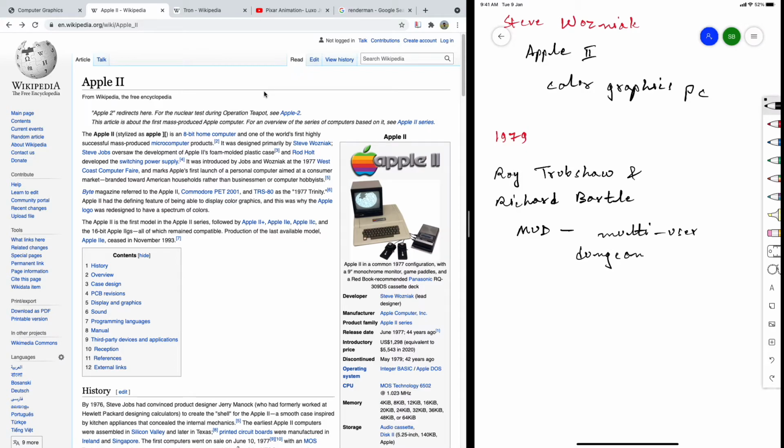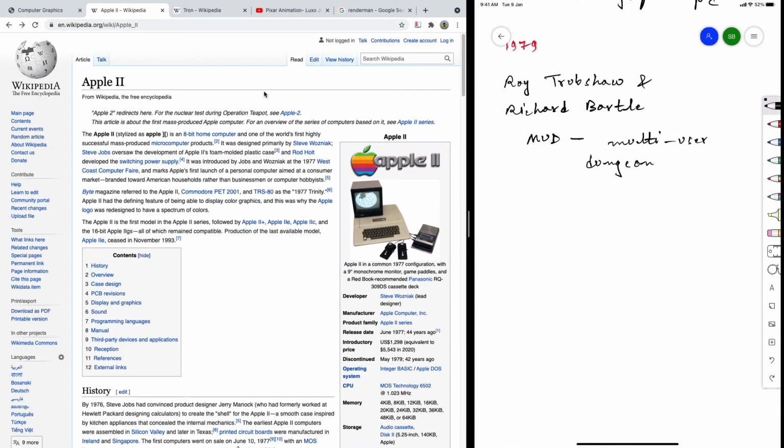So some of these are major things and some of these are minor things. You don't have to remember everything.